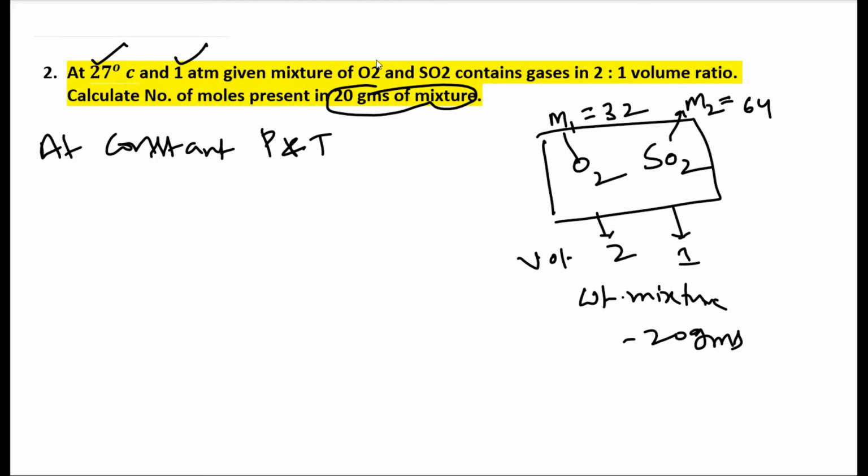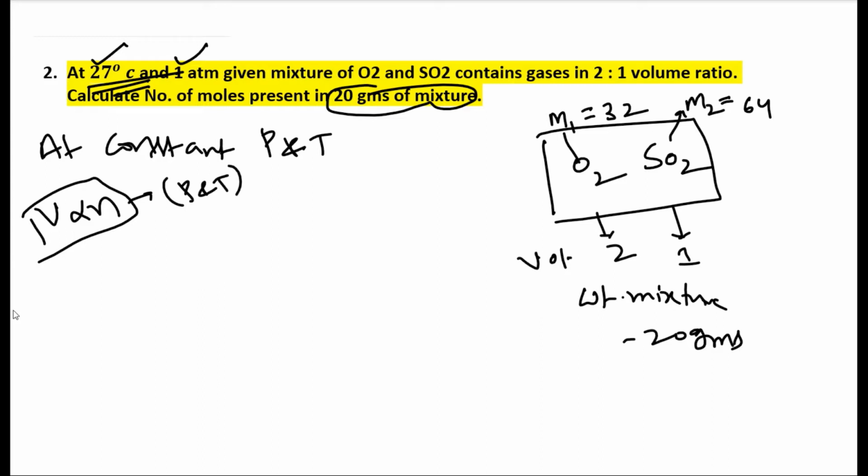First of all, constant temperature and pressure. What is the formula? You know already. V is directly proportional to n. I already told you in today's session. At constant pressure and temperature, V is directly proportional to n. So what is the perfect formula for this?